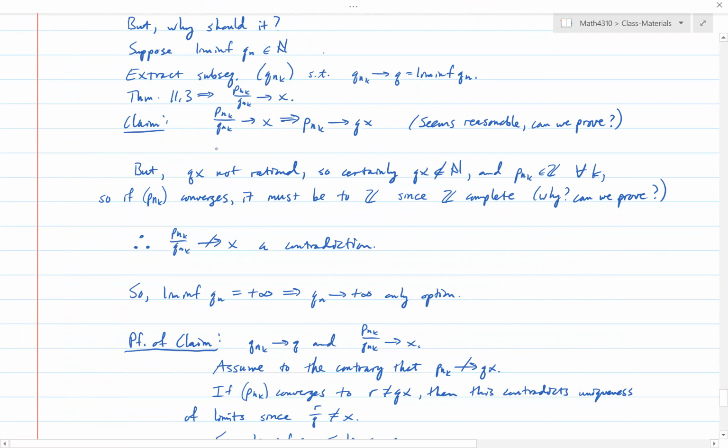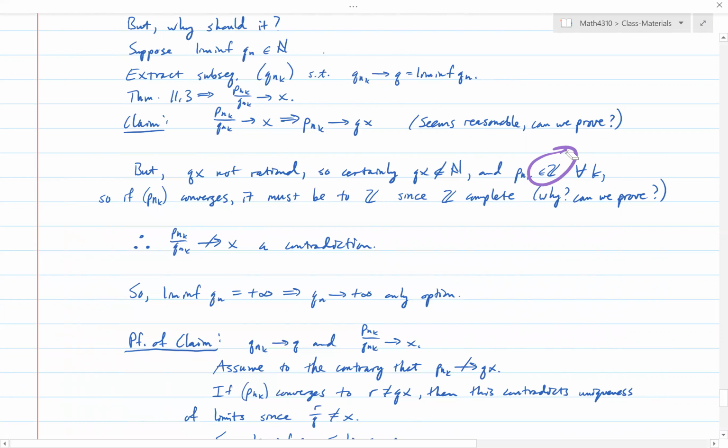Qx is not rational because remember, x was taken to be an irrational number. So since Q is an integer, you take an integer and multiply it by an irrational number, you're left with an irrational number. So that means that this is a little strange because p_{n_k} is, again, just like the q_{n_k}s, some subset of the integers, right? And I'm using the signed integers.